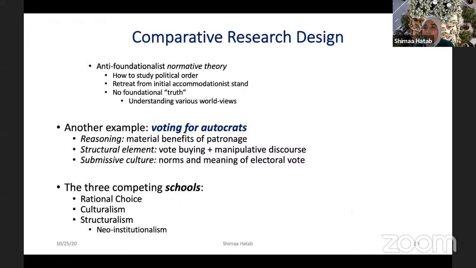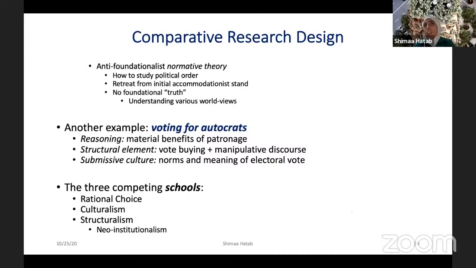This kind of accommodationist stand shifted in the 70s, and they started to talk about how meaning is socially constructed, and how the elements of language are separated from the actual experience of individuals or agents, and actually constitute the experience rather than mapping language onto existing, lived experiences of individuals.